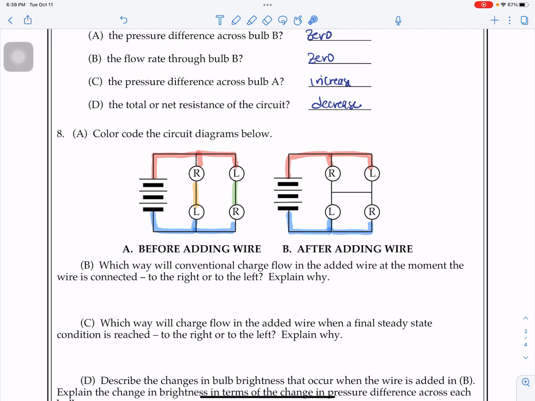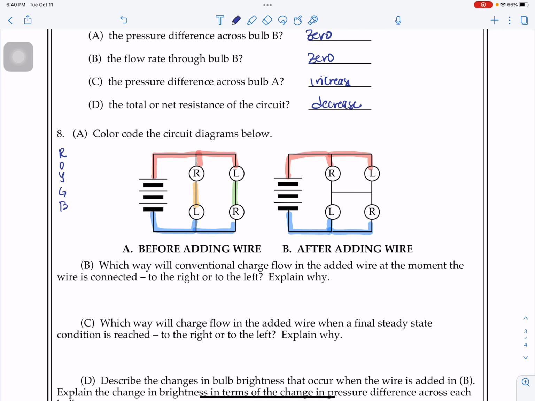The reason why is because this is a dim bulb and this is a dim bulb, or it's dimmer than the long bulbs. And so I need to have less of a pressure difference across here than I do across here. Same thing, I need to have less of a pressure difference across here than across here, because that's how I make the long bulbs brighter, through the pressure differential. And remember, we've got Roy G. B. Oops, B. Okay. So that is my initial color.